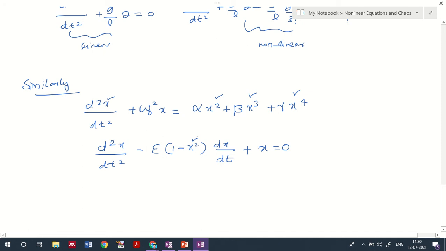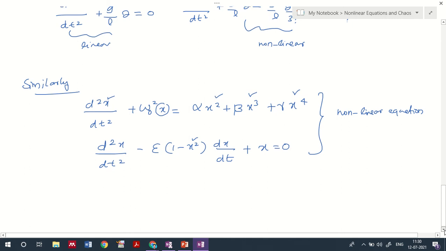So this equation also becomes a nonlinear equation. These two are nonlinear differential equations. So these are the representations of a nonlinear equation, where we have a dependency on x and x square or x cube or x raised to 4, which simply verifies a nonlinear differential equation.